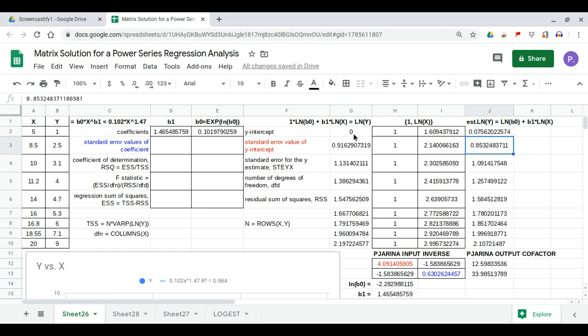Now that we have the ln y and the ln y hat, we can calculate the residual sum of squares, or RSS, which is the sum of the squared differences of ln y and ln y hat, the estimates.